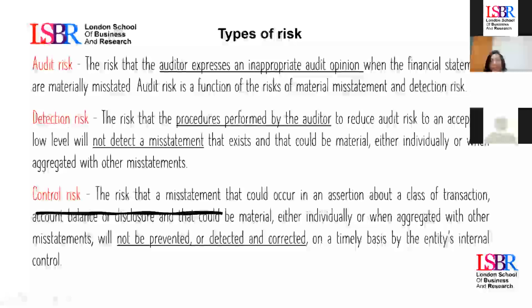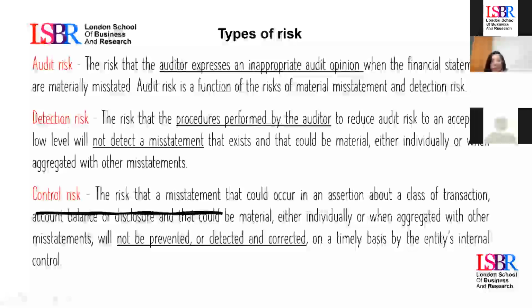Detection risk is associated with audit risk. Detection risk is when the auditor doesn't detect a risk in the company because the procedure of the auditor is not well designed. So this is detection risk.